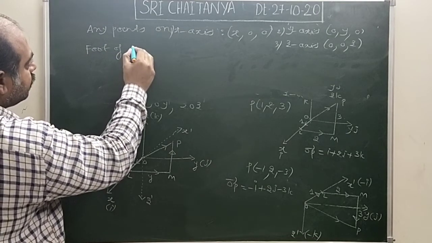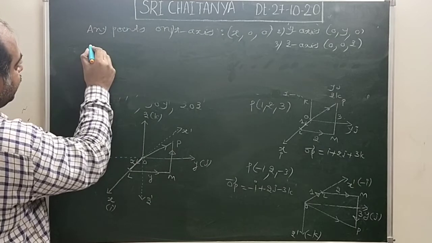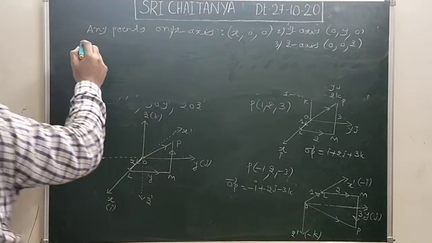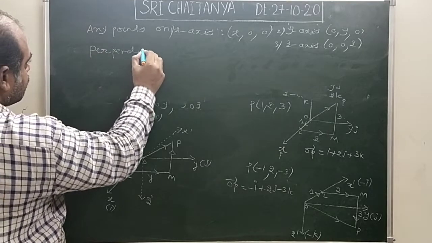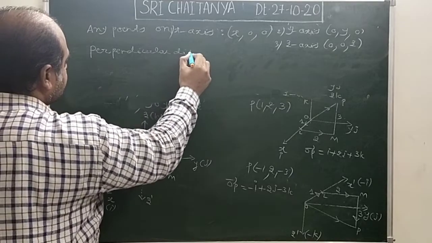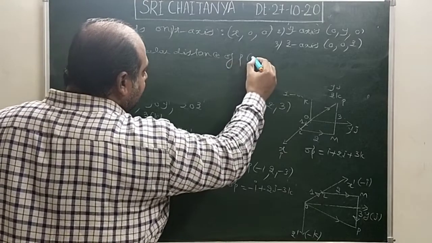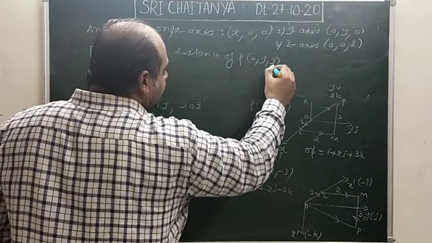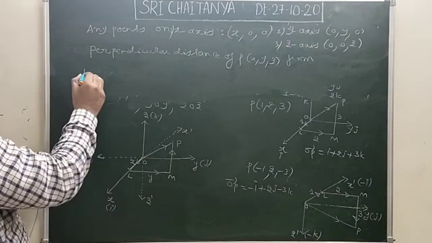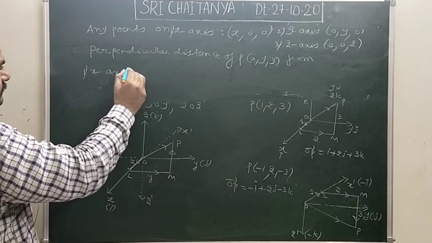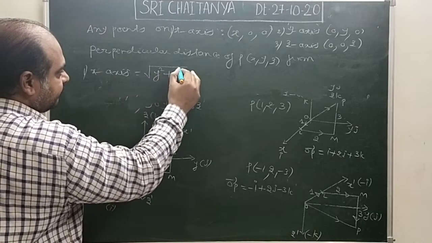Foot of perpendicular distance of point P(x, y, z) from number 1, the x-axis, is nothing but root of y square plus z square.